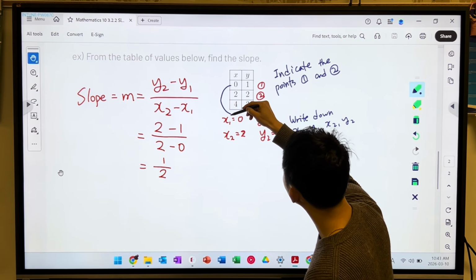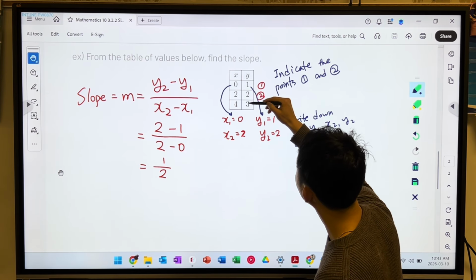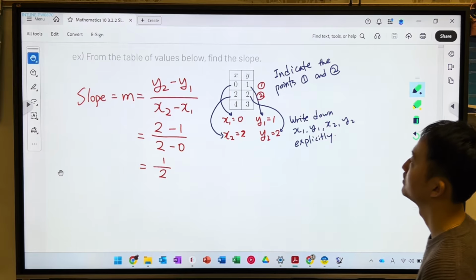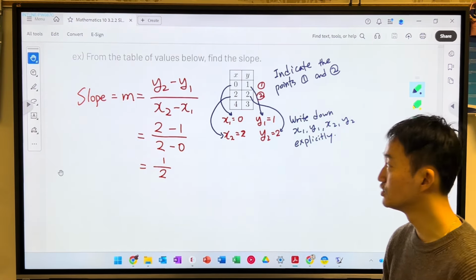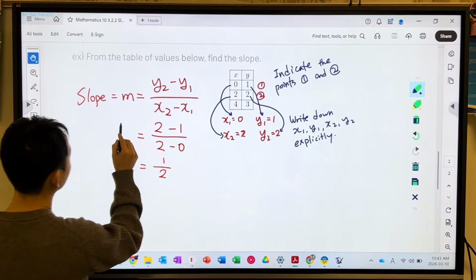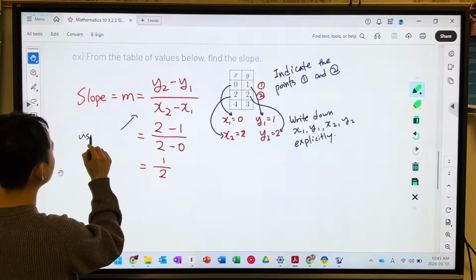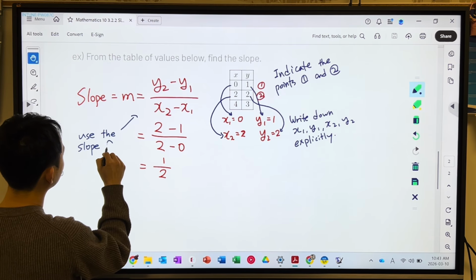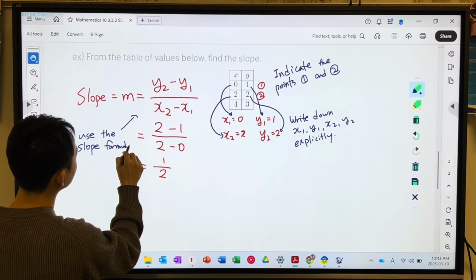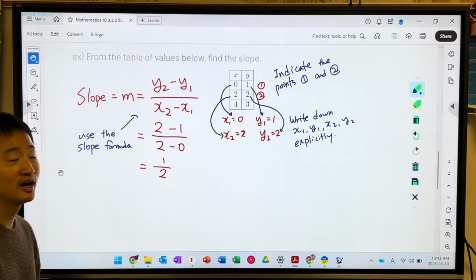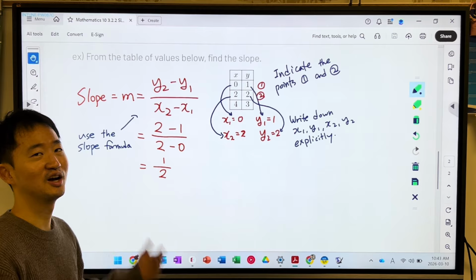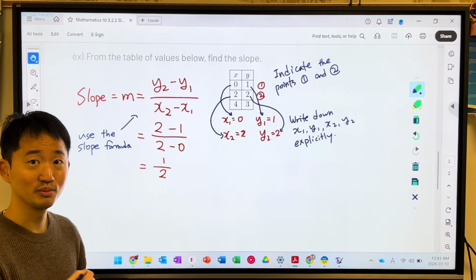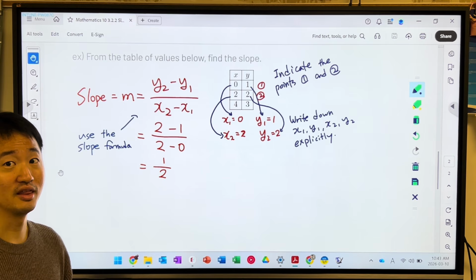Then I use the slope formula. And I always suggest that if you use any type of formula, you start by writing down the formula as it is, and then you plug in the numbers, and then we get the answer.